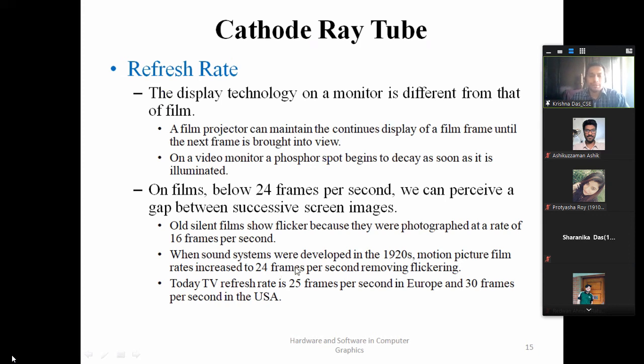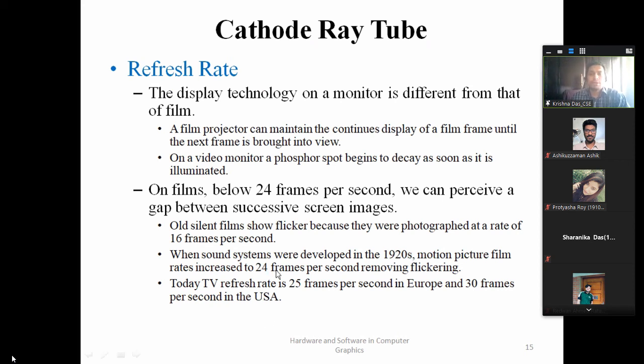Another example you will find is in television, which uses 25 to 30 frames in transmission, with its own refresh rate. The refresh rate of the computer screen and of the television do differ.